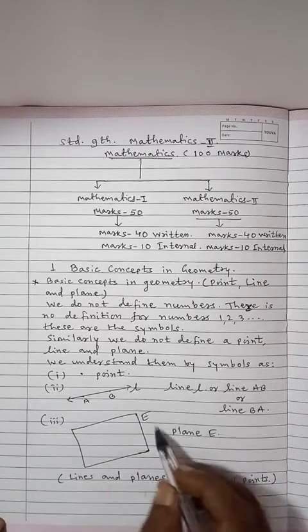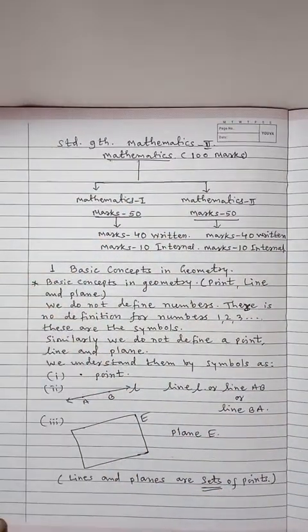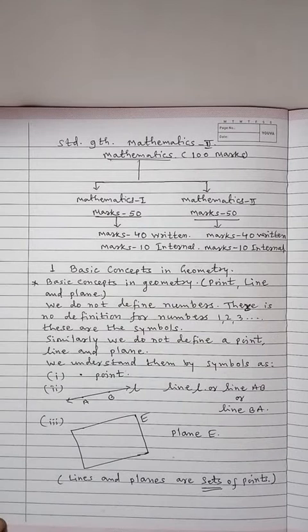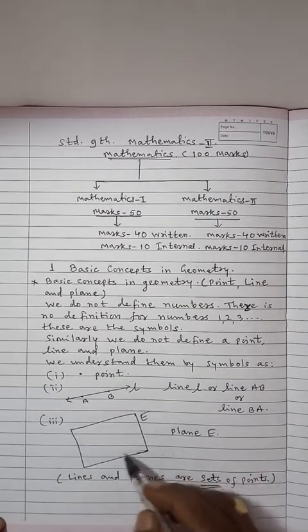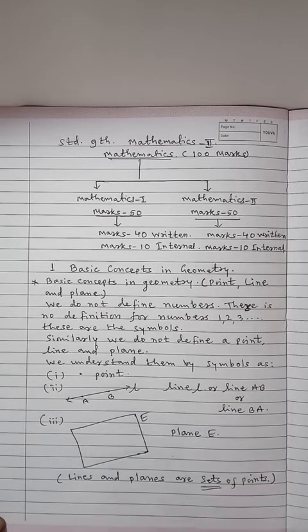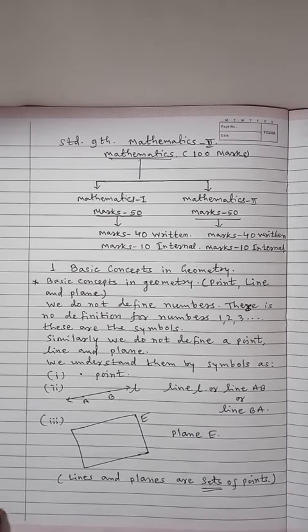Also, this plane surface is a plane, the floor is a plane, the blackboard is a plane, and infinite number of points are there. So lines and planes are sets of points.